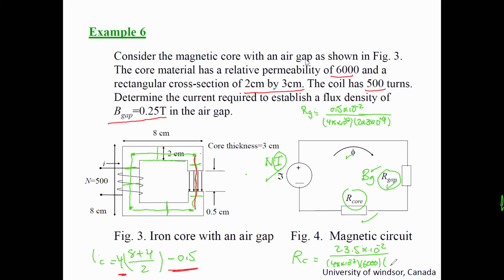And the area, what is the area? The area is given, 6 times 10 to the power minus 4. Is it clear how we can find RC? So RG will be number 1. RC is number 2. Do you have any question regarding this?